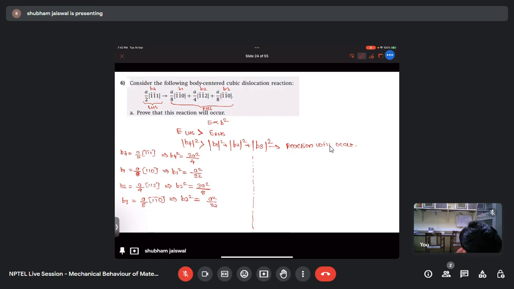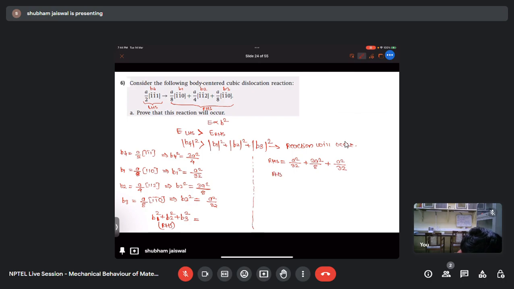So now if we take B1 plus B2 plus B3 square, what will it be? So let's say this is RHS. RHS equals a square upon 32 plus 3a square by 8 plus a square by 32.